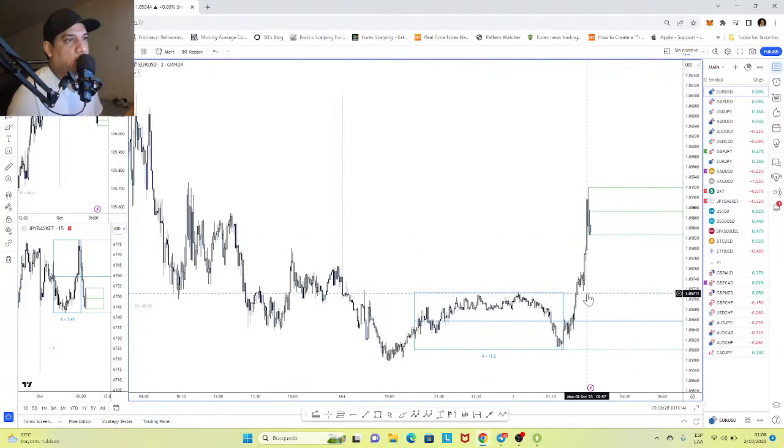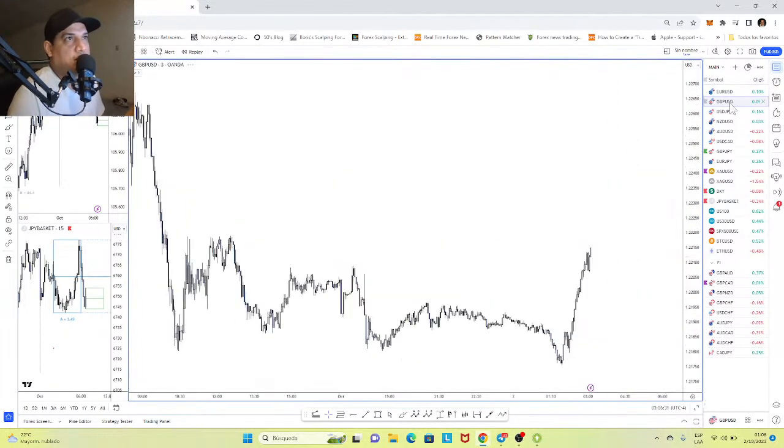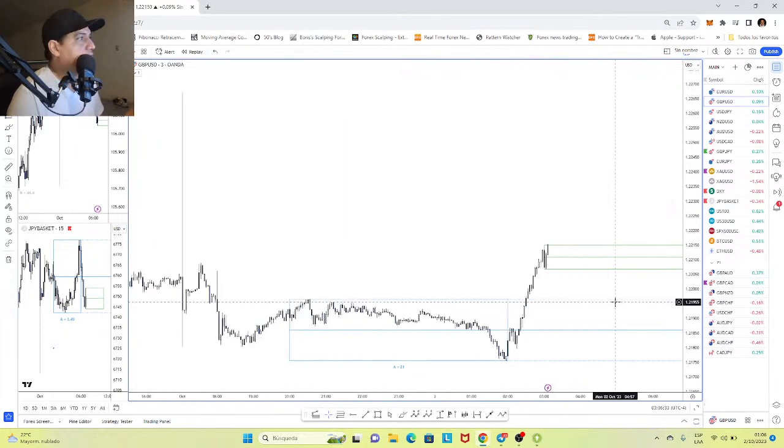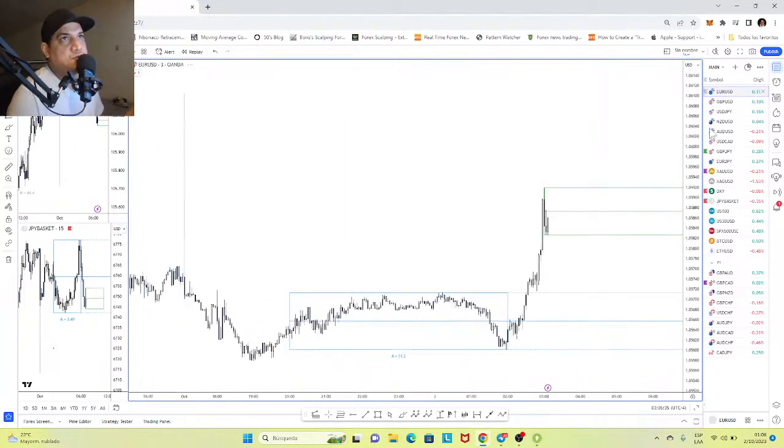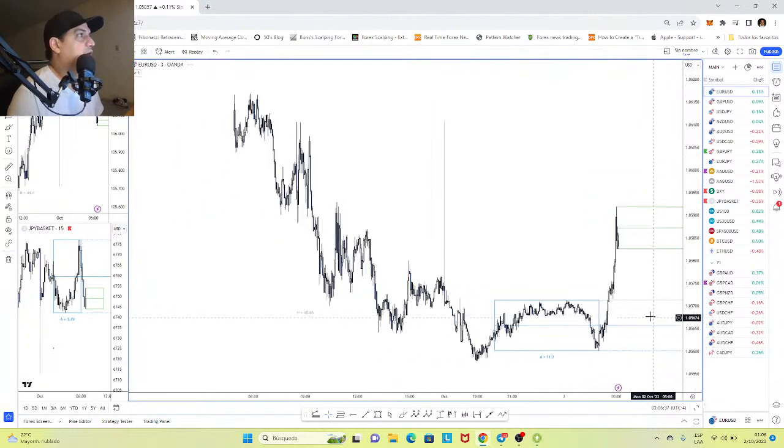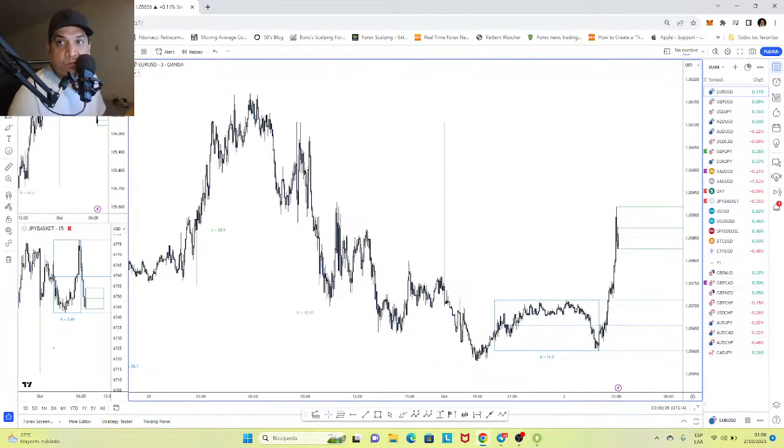This is actually so cool. Let's have a look at the markets that I trade the US dollar on. The Euro USD. I'm gonna place longs on the Euro US dollar, guys.